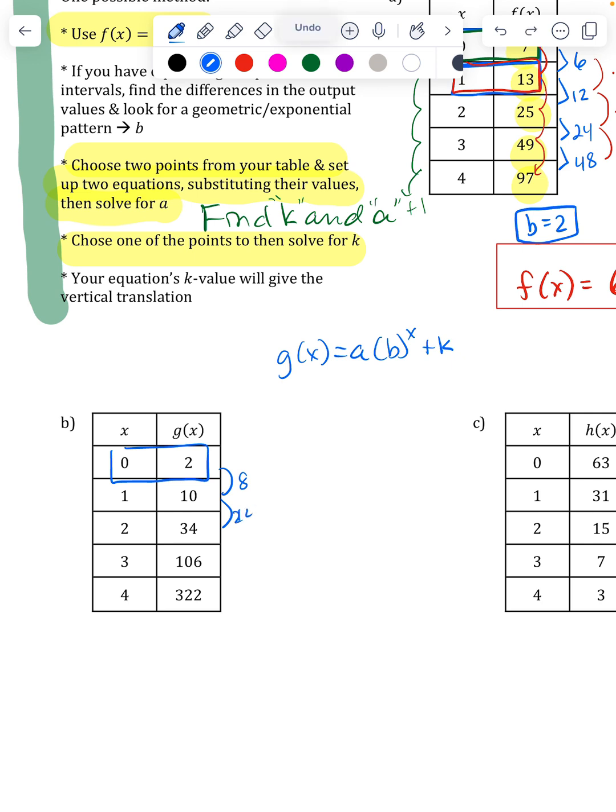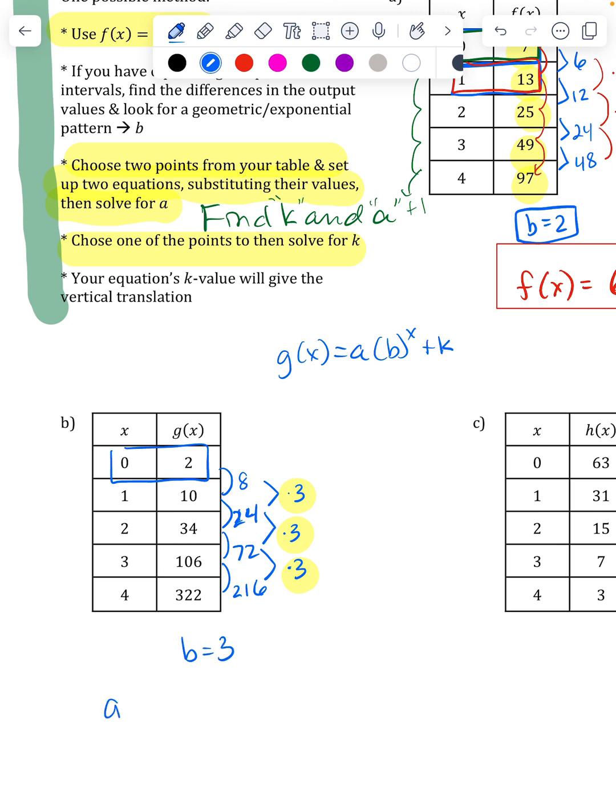And then this is going to go up 72. This is the worst 24 in the universe. And then this last one goes up 216. Okay, well, this is times 3. This is times 3. And this is times 3. So this is telling us that we have a b value of 3.